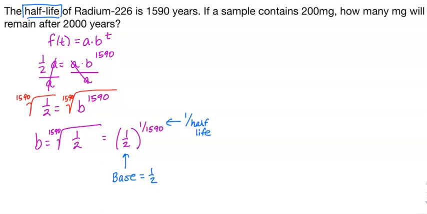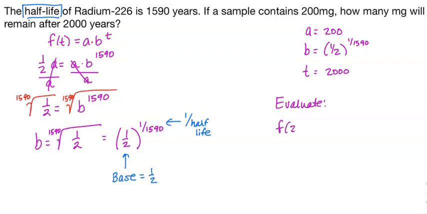Now that we have this value for b, we're saying if we start with 200 milligrams, so a is equal to 200, and b is 1/2 to the 1 over 1,590 power, how much will remain after a time frame of 2,000 years? We can plug all of this information in and evaluate our function.